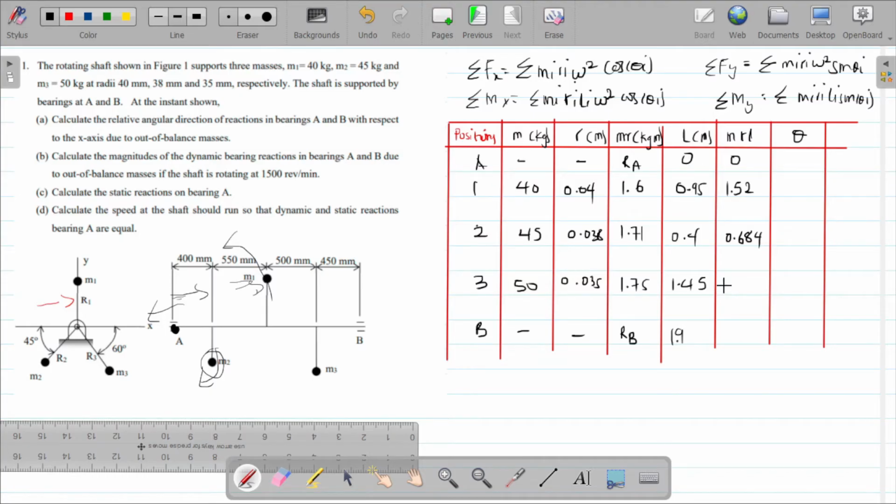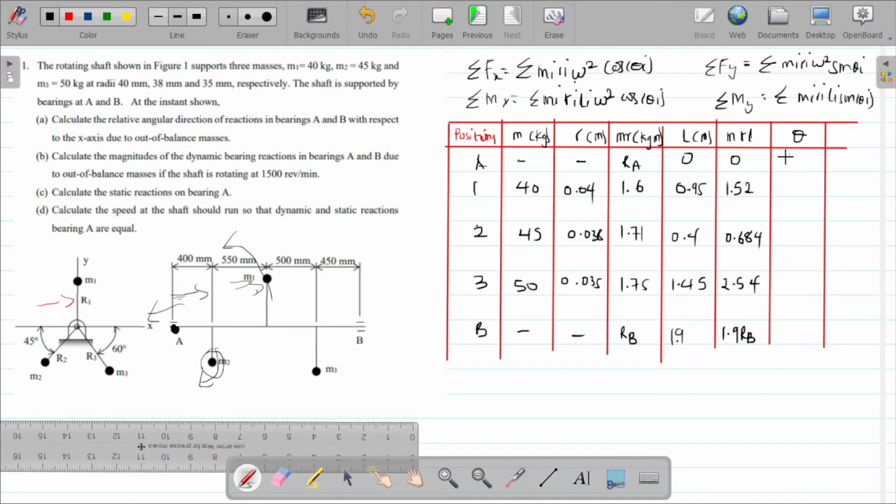Then 1.75 times 1.45, that is 2.54. And then this one will be 1.9 RB.